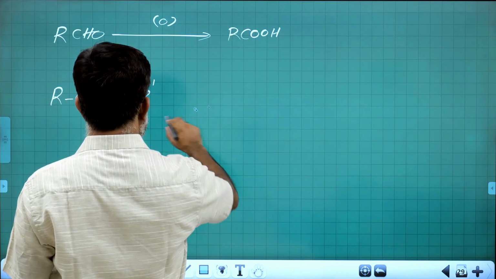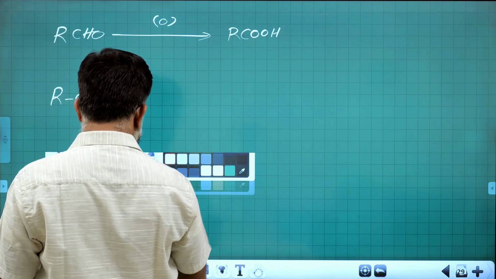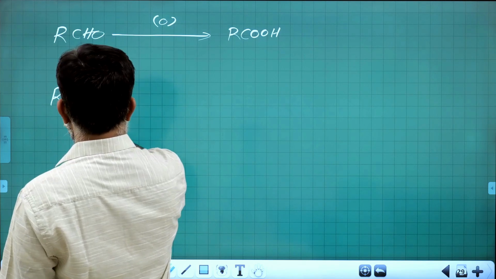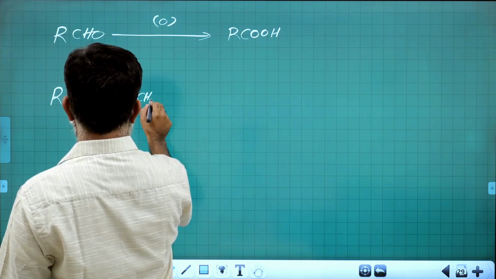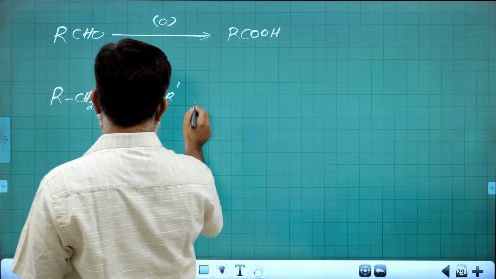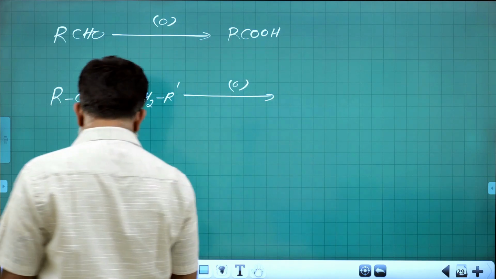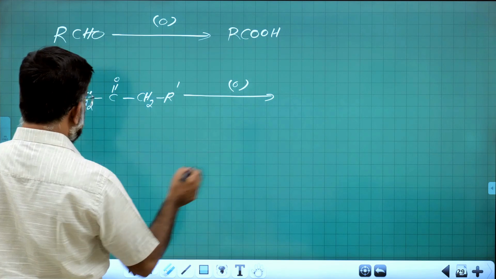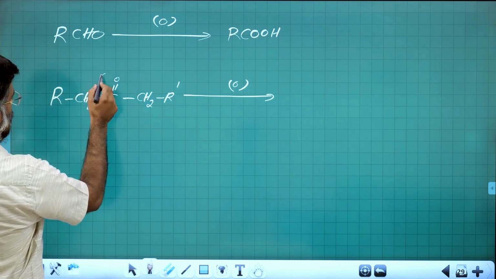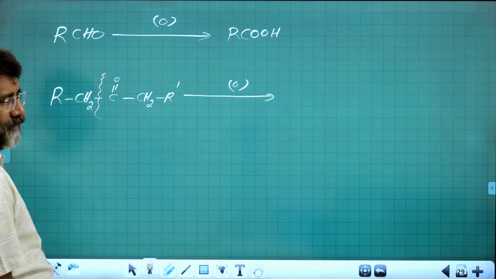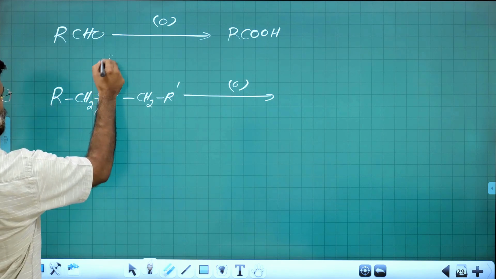Let me write the format like this: RCH2COCH2R'. Suppose this is oxidized. See children, all of you know, I am just reminding you, it can be an oxidative cleavage over here. Let it be a cleavage over here, number one.